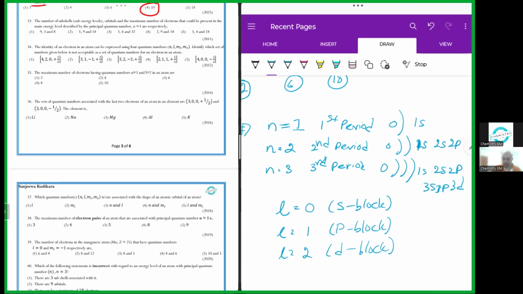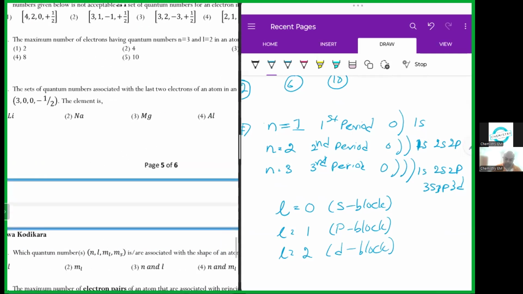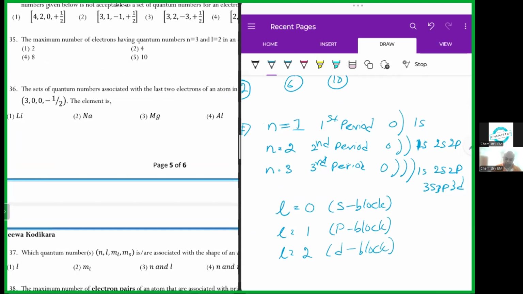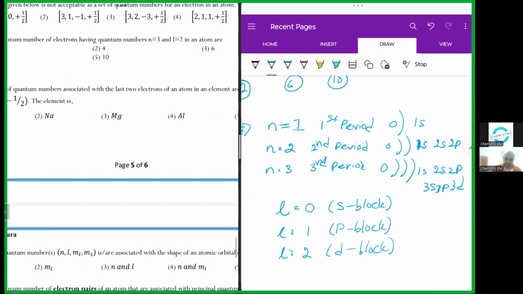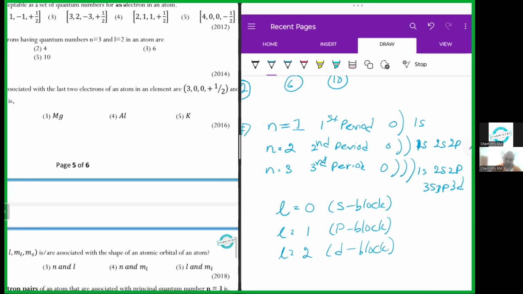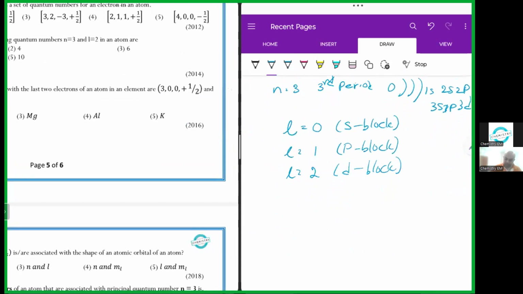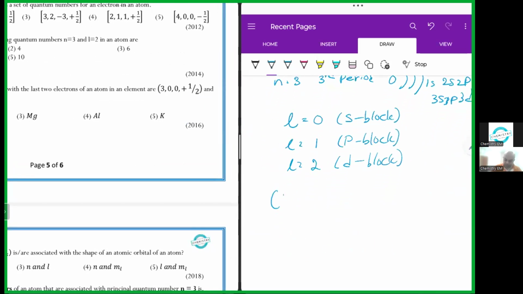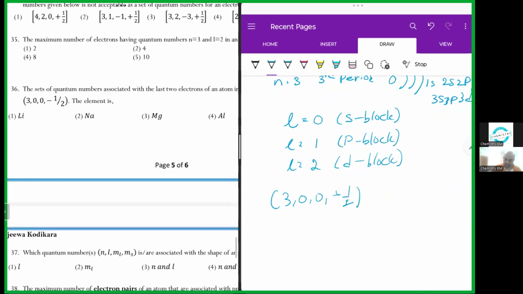Right? Now let's go to the question. The question is: the sets of quantum numbers associated with the last two electrons of an atom in an element are 3, 0, 0, plus half, and the other one is 3, 0, 0, minus half.